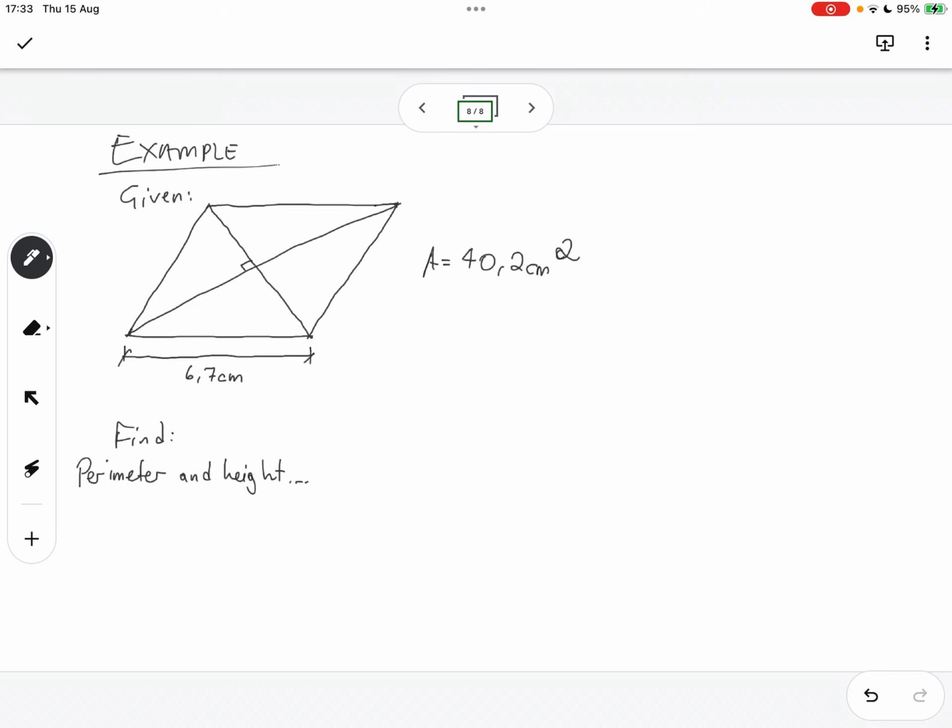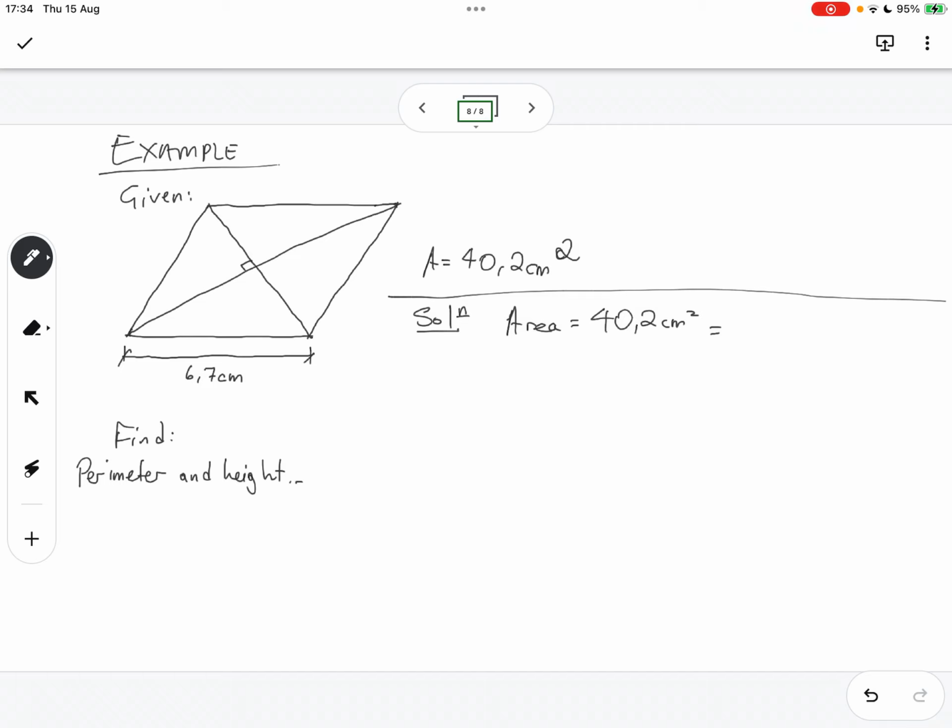We know the area of the rhombus. So let's just do this. Let's say our solution: we know the area equals 40.2 square centimeters.